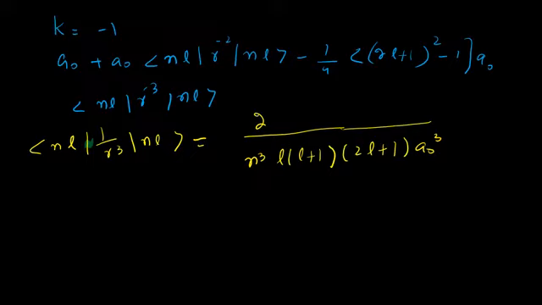So this is our required value of 1/r³, and so now we go back to the spin.